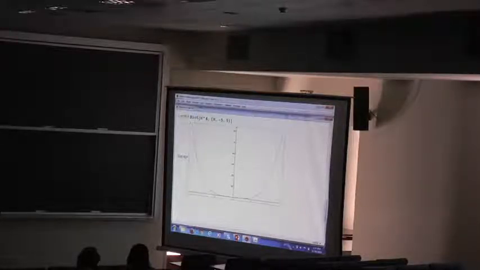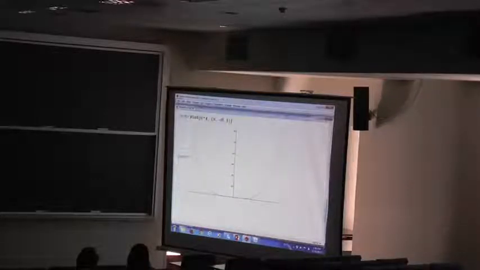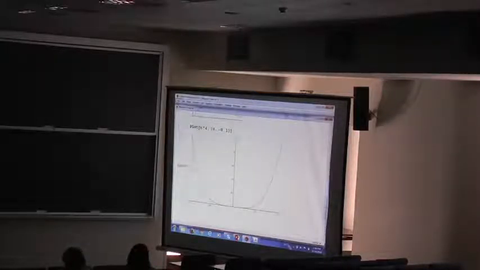If I zoom in a little bit, I plot from -1 to +1, and zoom in further. So the minimum is precisely at m equals 0. So the free energy is minimized at the critical point, at magnetization equal to 0.